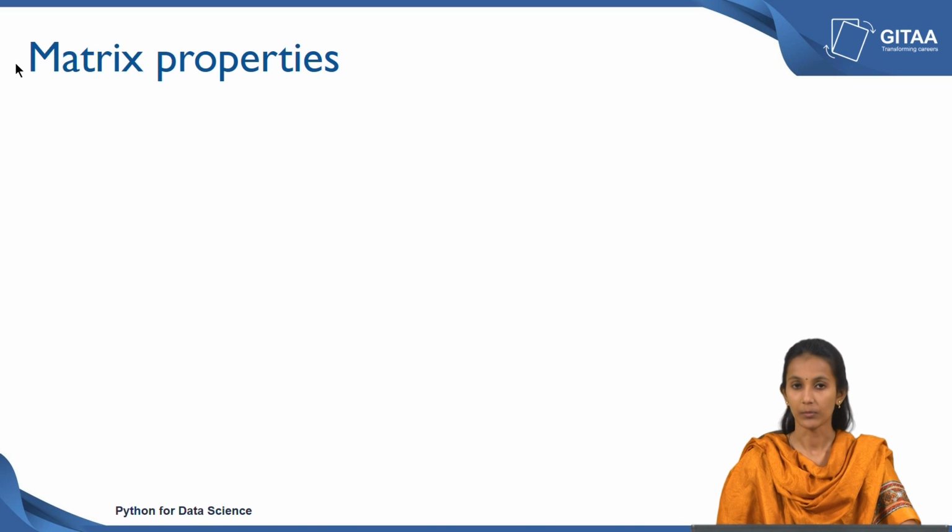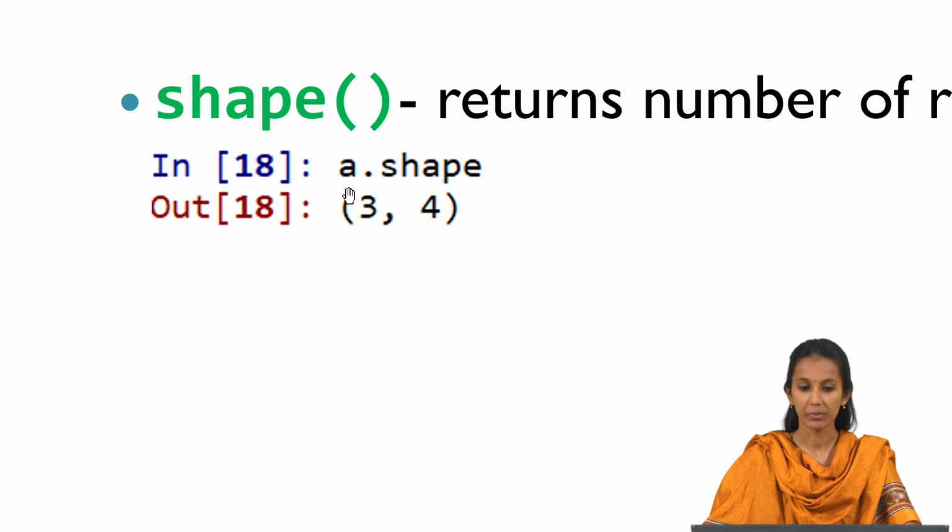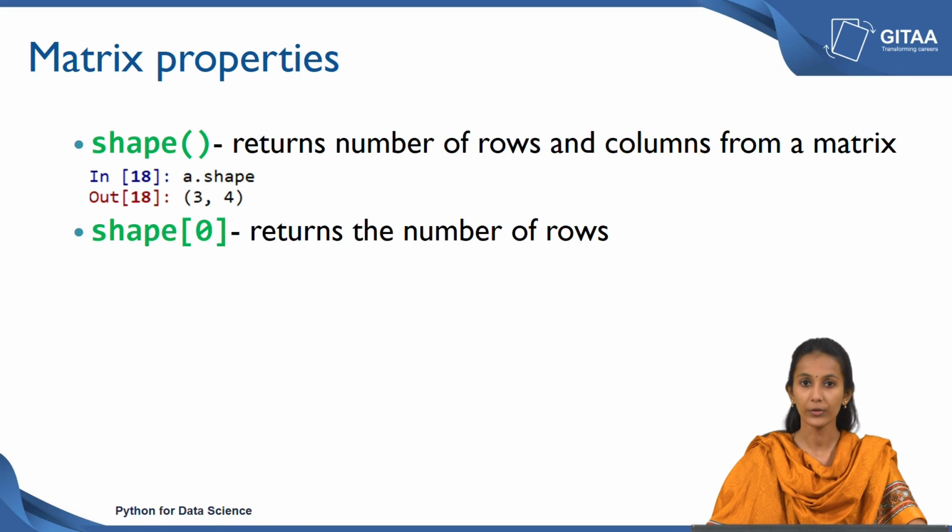Let's see some of the matrix properties. If you want to know the number of rows and columns, then you can use the shape command. You have to specify the matrix name followed by dot shape. It basically returns the number of rows and the number of columns. If you want to get the number of rows alone, then you can use shape with square brackets, and inside you can specify 0. 0 is for rows and 1 is for columns.